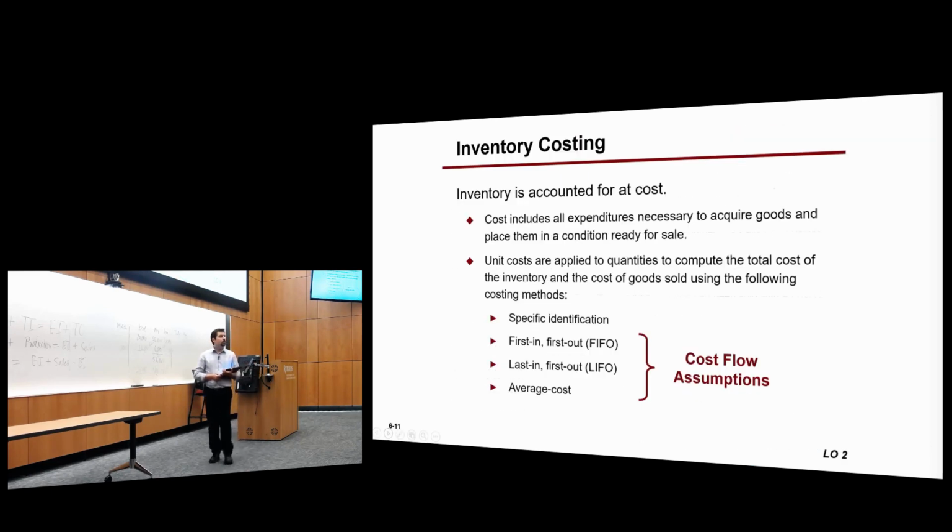Again, as we mentioned before, inventory is recorded at cost, right? So when you have inventory recorded at cost, what happens? What's the problem when inventory is added at cost?